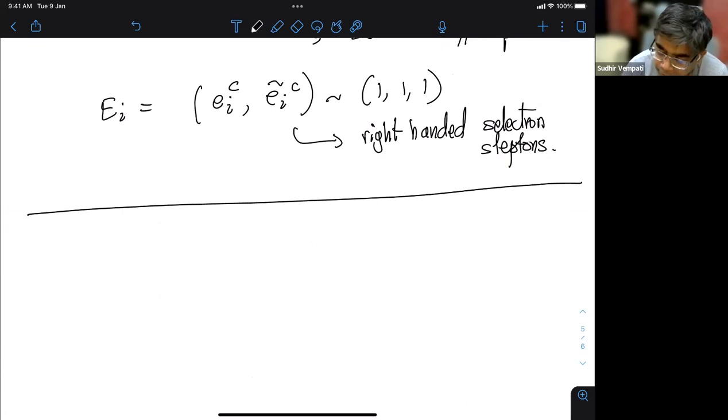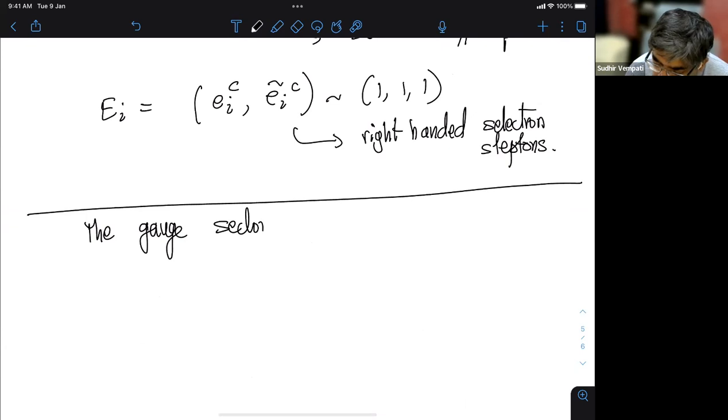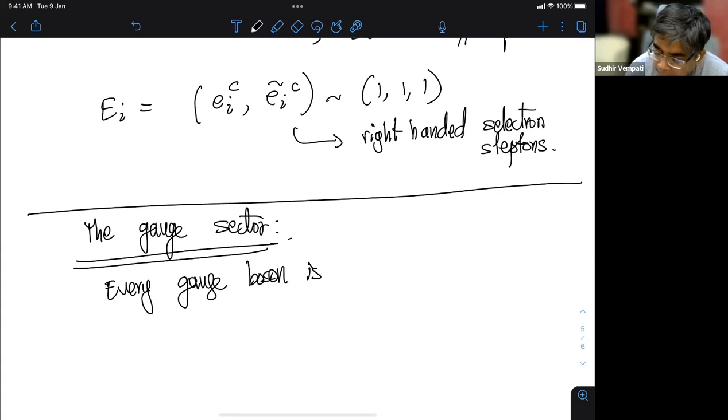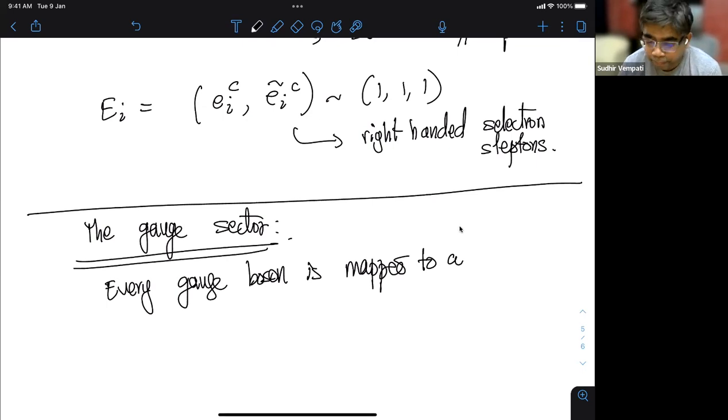Before going to the Higgs sector, let's introduce the gauge sector, essentially the vector superfields.